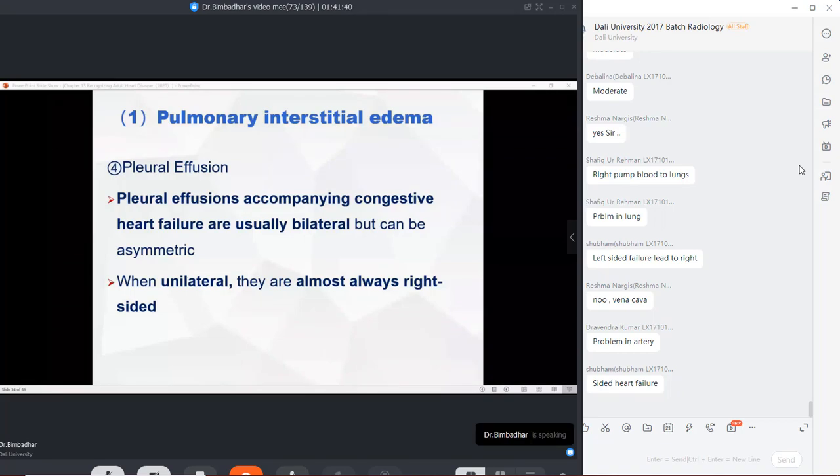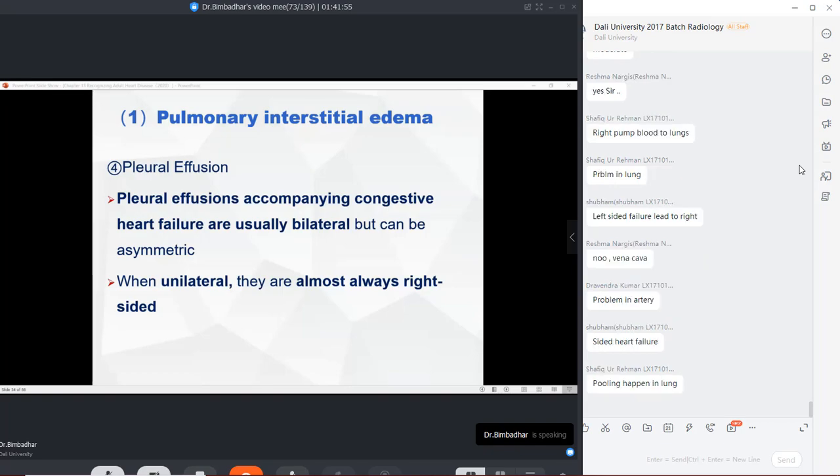See, the pooling of blood has to happen. The pooling of the blood has to happen. Let me show you exactly so that we can understand this condition. This is a little complicated, but not so complicated though. Just give me a minute.